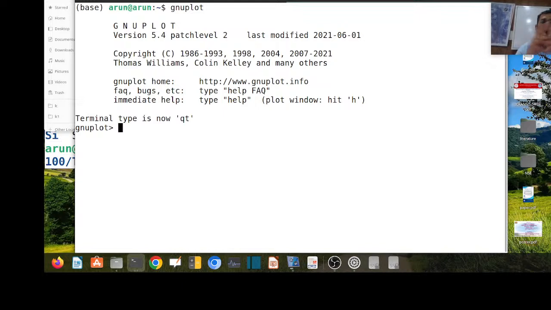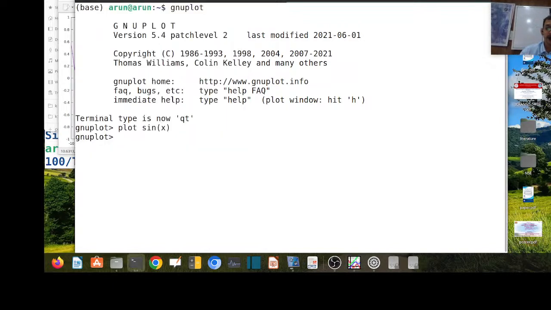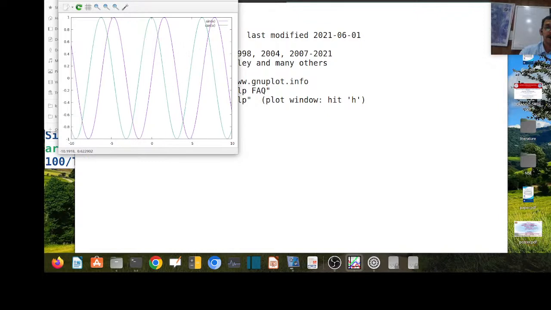For example, plot sin x. This is the plot of the sine function, and if you want to plot cos with it, then you can plot it also. See, these are the plots of the sine and cos function.